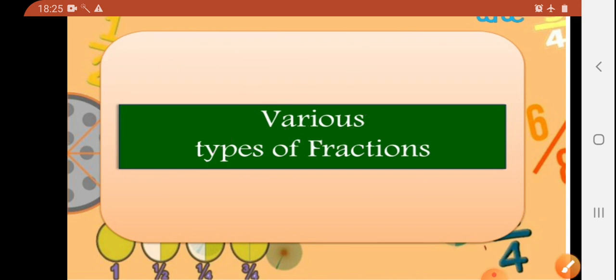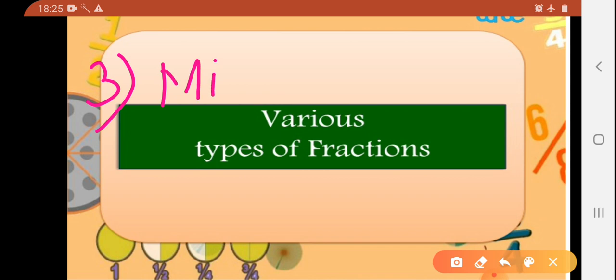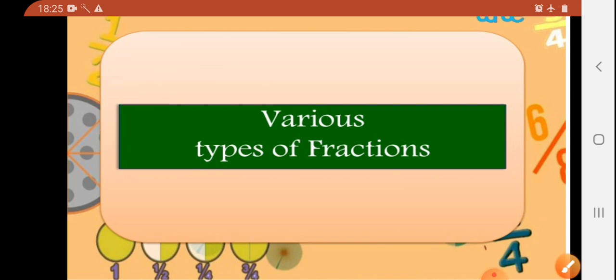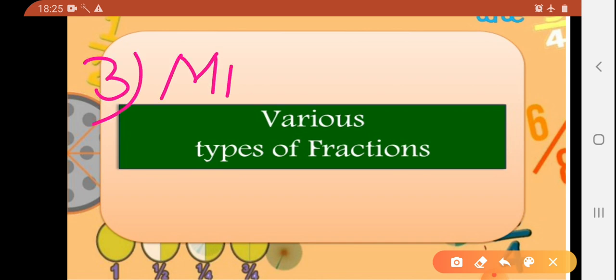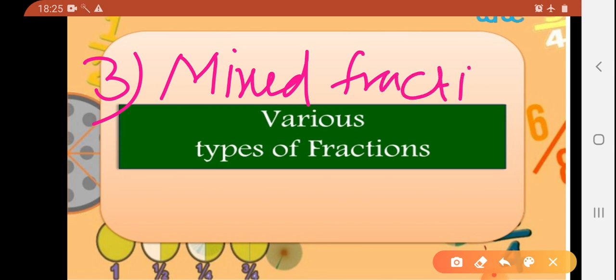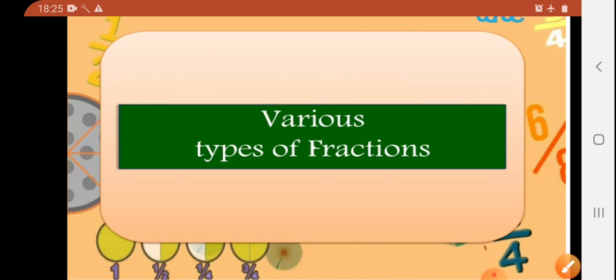You also know about the mixed fraction. The third fraction is the mixed fraction. The fourth is the vulgar fraction.